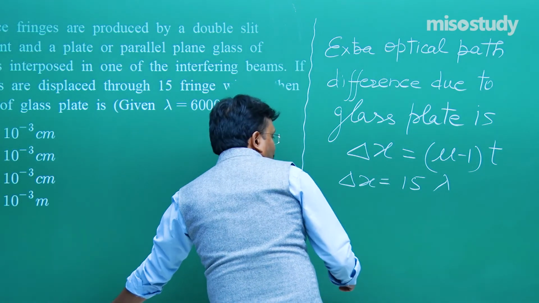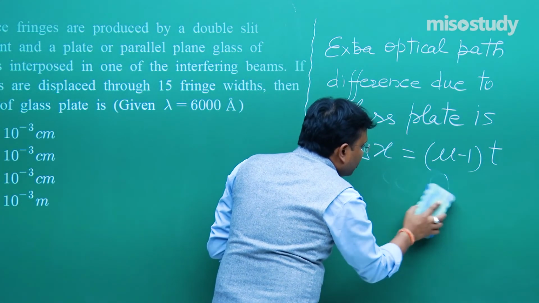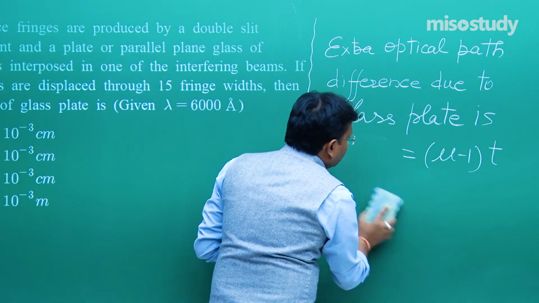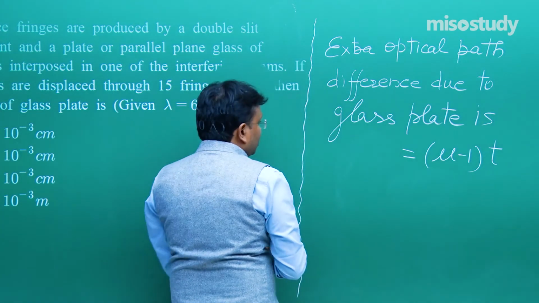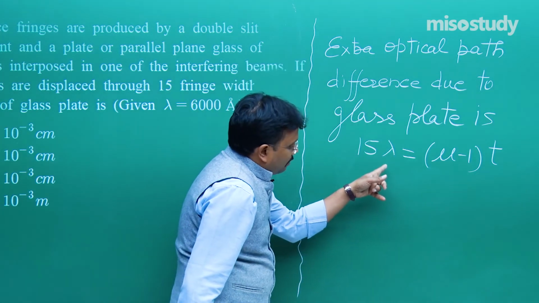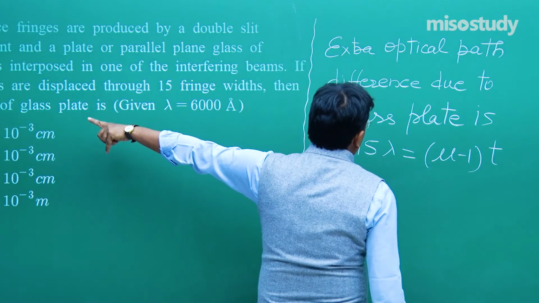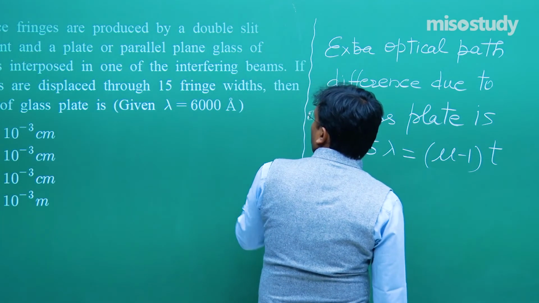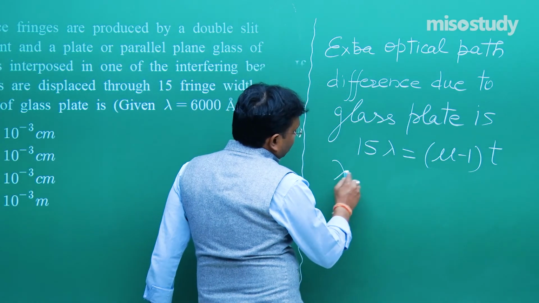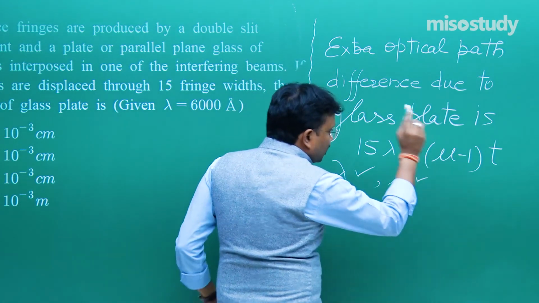So I will replace this value here itself, 15 lambda. Initially I thought to do it, but I think it is better to explain it. Now, 15 lambda is equal to this much. Mu is given to you, t you have to find out, and lambda is also given.